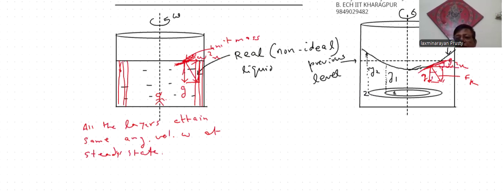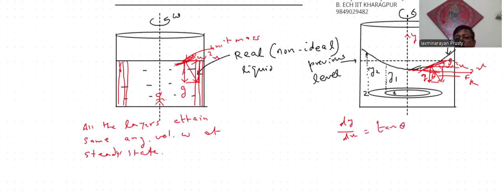So dy by dx, if this is my y and this is my x, the lowest point is my origin, then dy by dx, the slope of this surface at this point, must be tan theta.